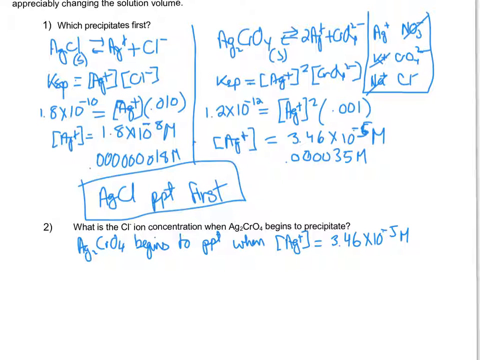So if we want to figure out what the chloride ion concentration would be, well, the expression that we have for the chloride ion concentration is this, and so we can plug in this value for the silver ion concentration into here to figure out what the chloride would be.